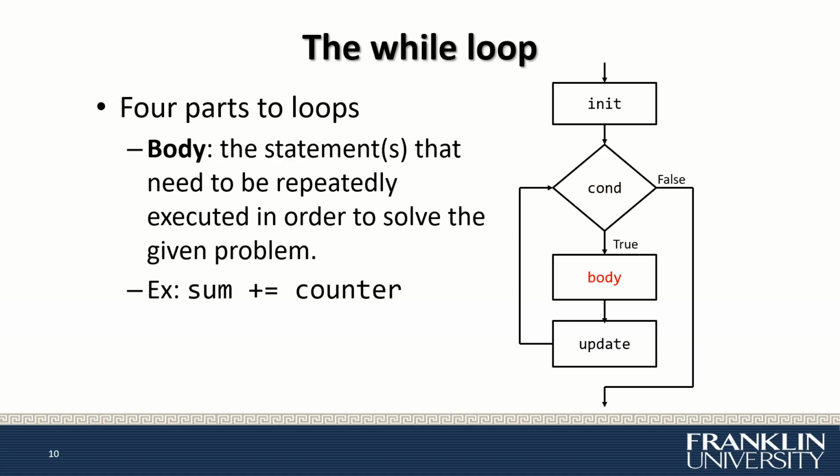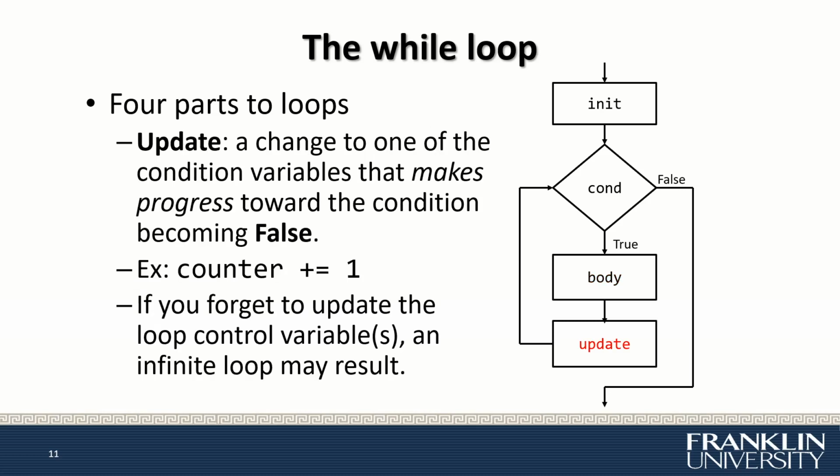Body. What does the loop do? In this case, I have an accumulator, so I have sum plus equal to counter, accumulating the sum variable. Update. The loop control variable needs to be updated so that eventually the condition will be false and you can get out of the loop.